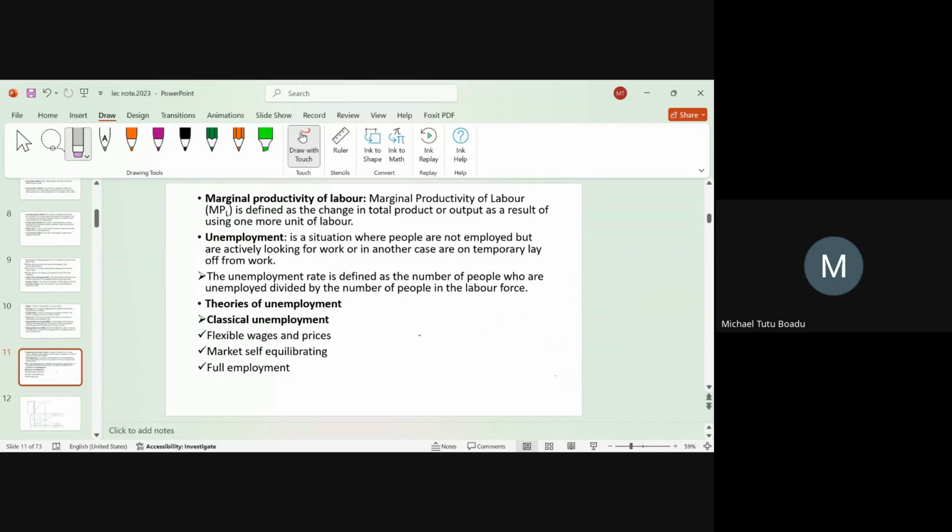Full employment means that all human resources and all material resources have been employed. There are no redundant resources.